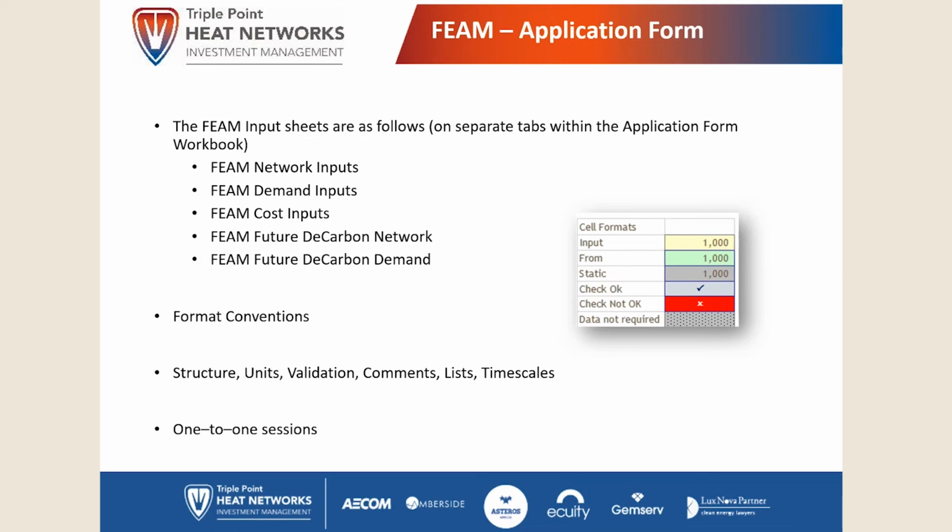All that data is automatically pulled through, and then the model just does its calculation. So if you were able to add a row or a column somewhere, it would break everything because all the linkages would not align. So please don't be tempted to do that, even though we've tried to lock it down.